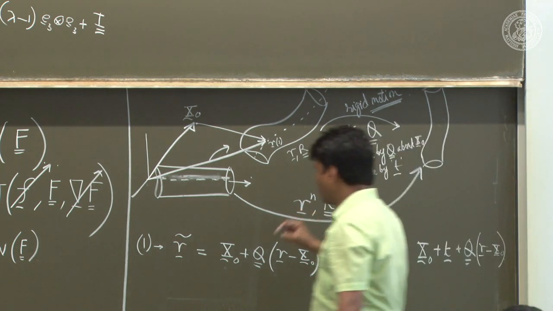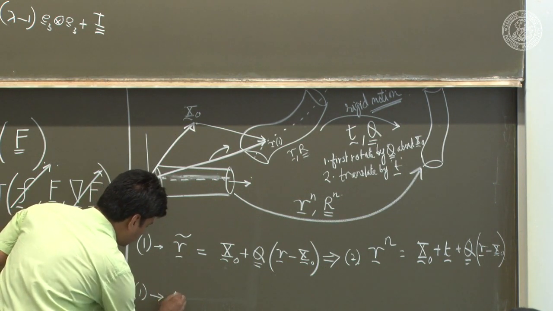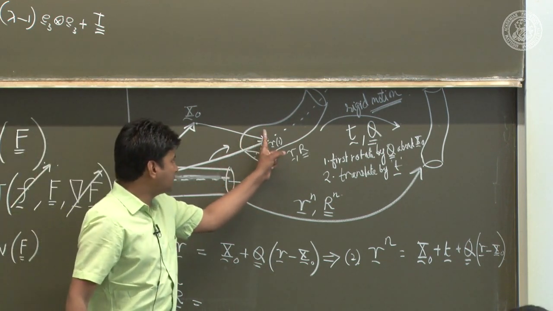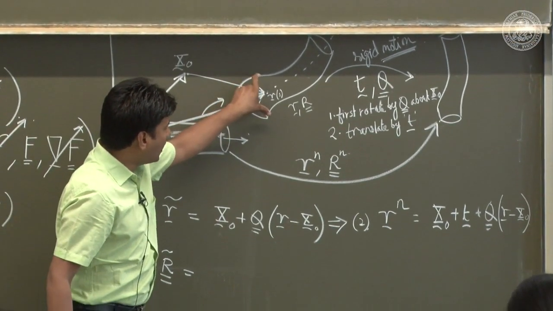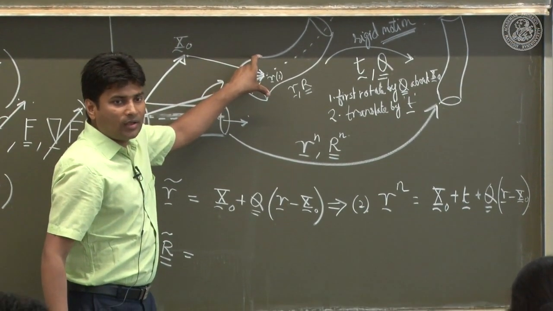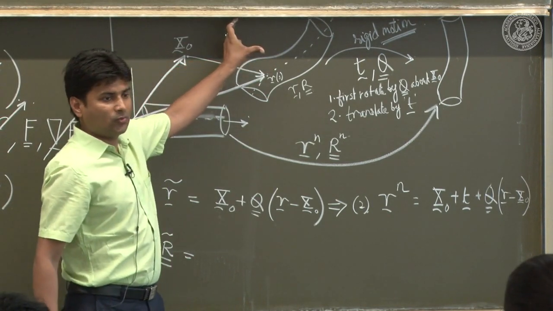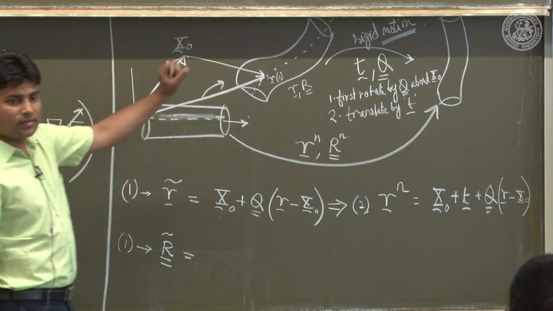How about your rotation? Let us think of rotation now. So, after the first step, what does this become? You have a cross section which in this step has rotated by big R, and then this rod further rotates by Q. So, what is the total rotation of the cross section?